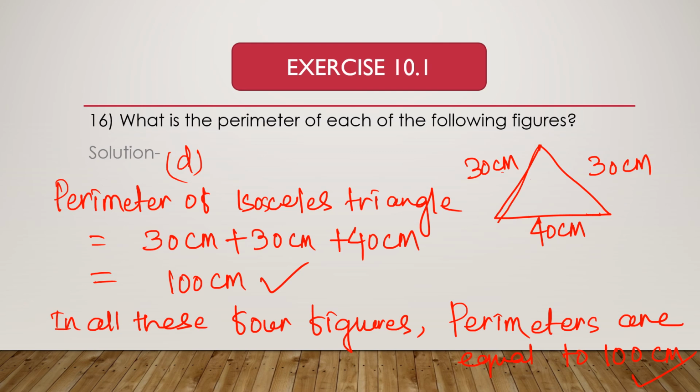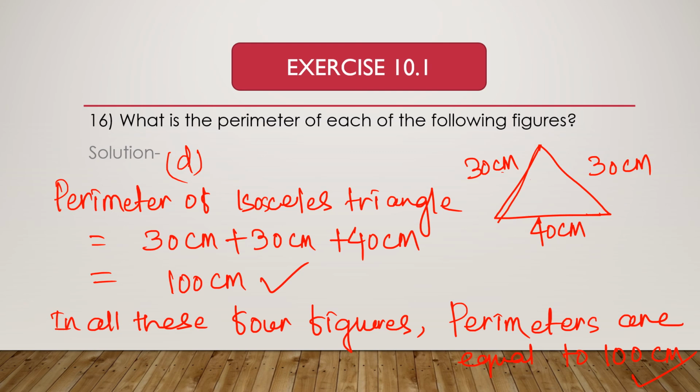That is, the perimeter of the square having side 25 centimeter is 100 centimeter, and the perimeter of the rectangle having length 30 centimeter and 20 centimeter, the second figure, is also 100 centimeter, and the perimeter of the third figure, the rectangle having length 40 centimeter and breadth 10 centimeter, is also 100 centimeter, and the perimeter of the fourth figure, the isosceles triangle having two sides each 30 centimeter and the third side 40 centimeter, is also 100 centimeter.